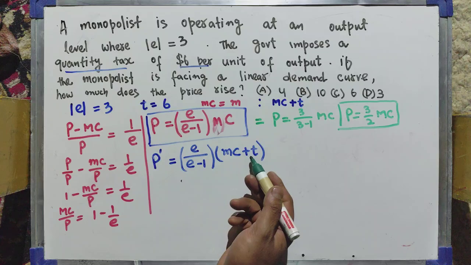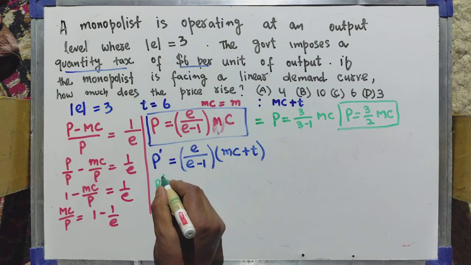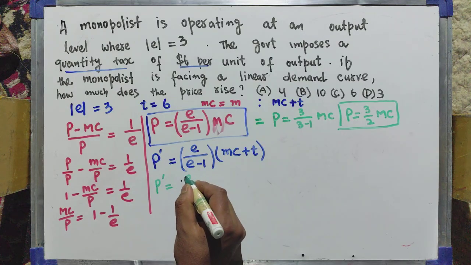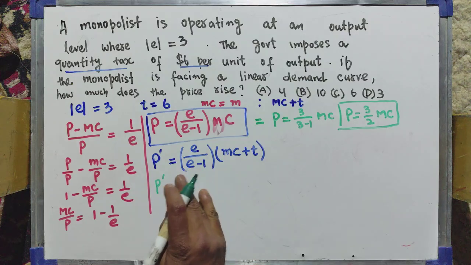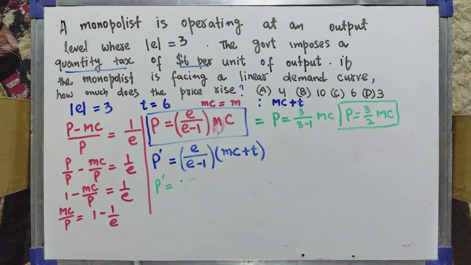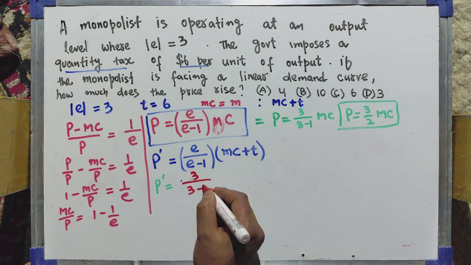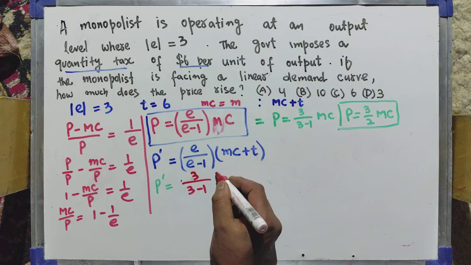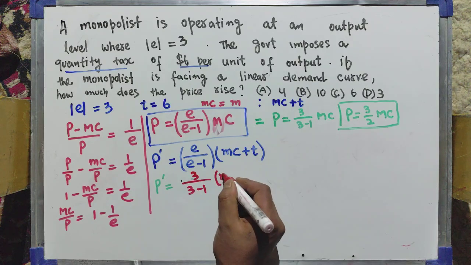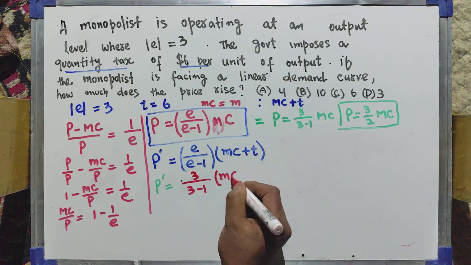Now when the per unit tax is being imposed, what will be the new price? That will be equal to E, or let us give the value of E. The absolute value of elasticity of demand is 3. So let's write here 3 upon 3 minus 1 times MC plus 6.